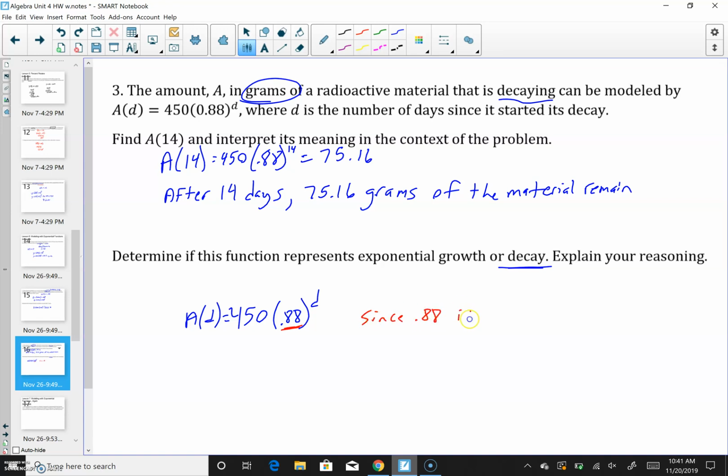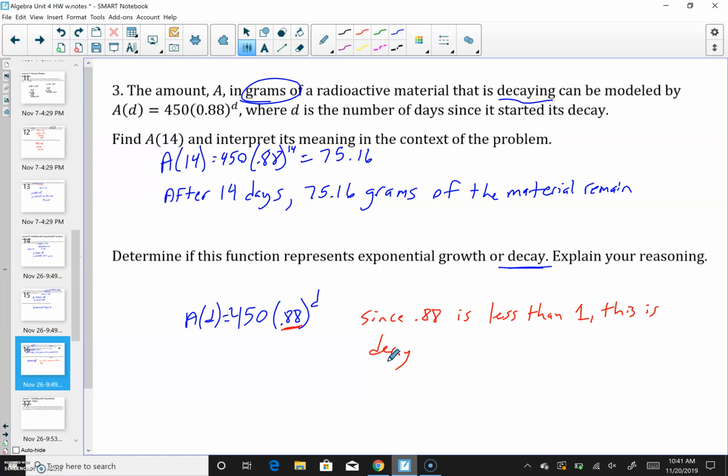So since 0.88 is less than 1, this is decay. Now, you also should have known it was decay because after 14 days, there was less of the material left than there was in the beginning. But you really want to look at that number inside of your parentheses.